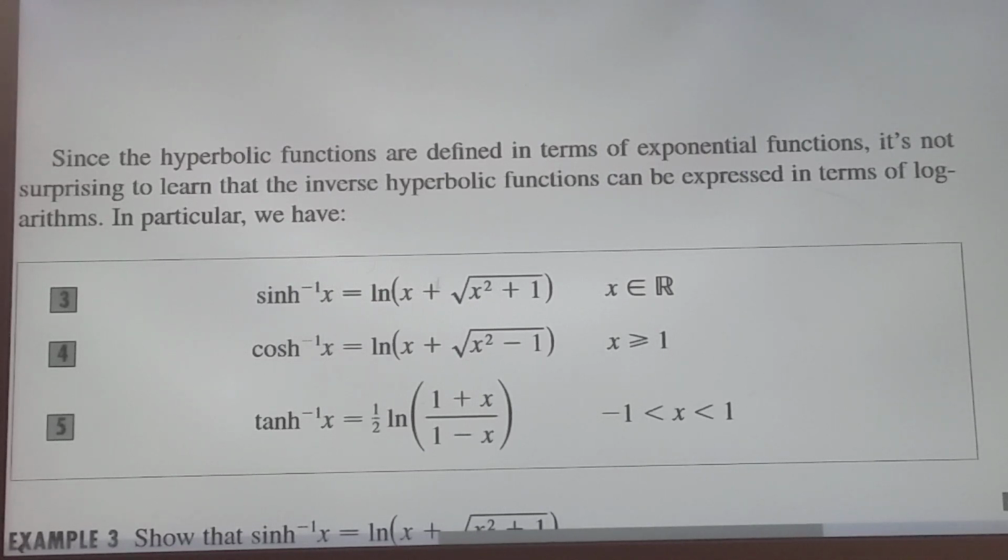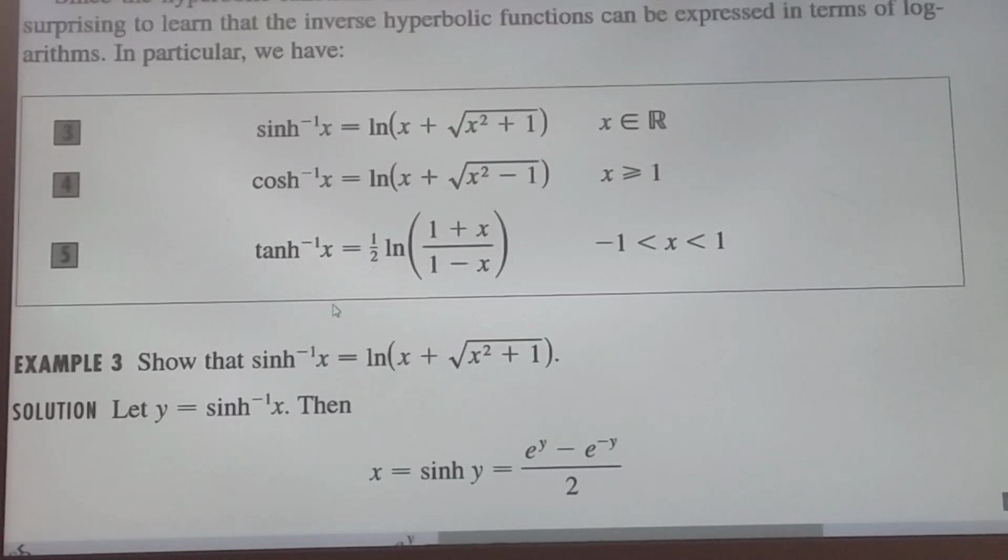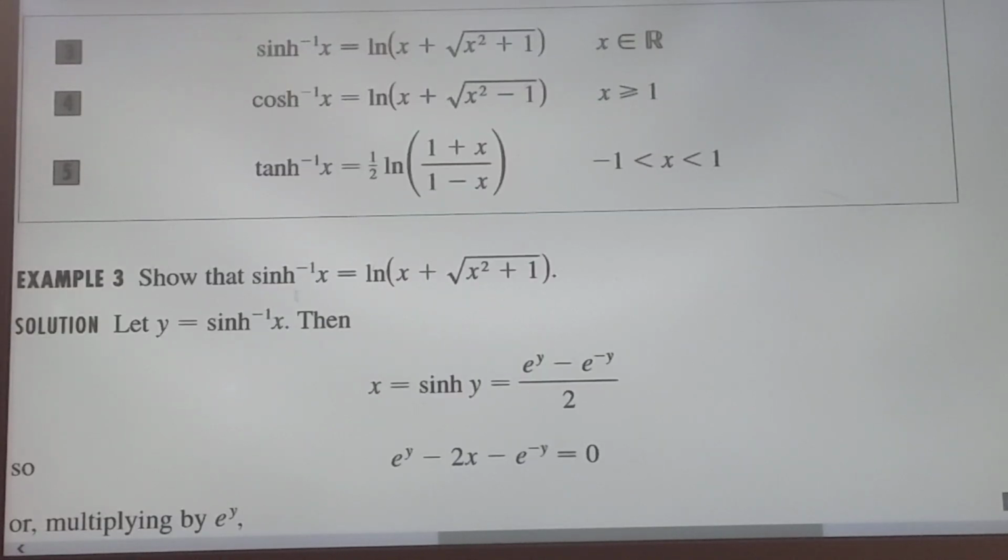You must be able to prove how you got these values. Okay, so we are going to show that the inverse sinh of x is equal to that. So now we want to show it using the basic knowledge that we have.